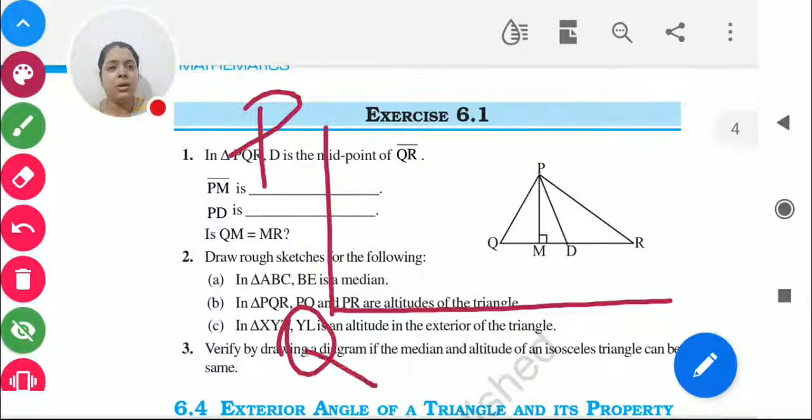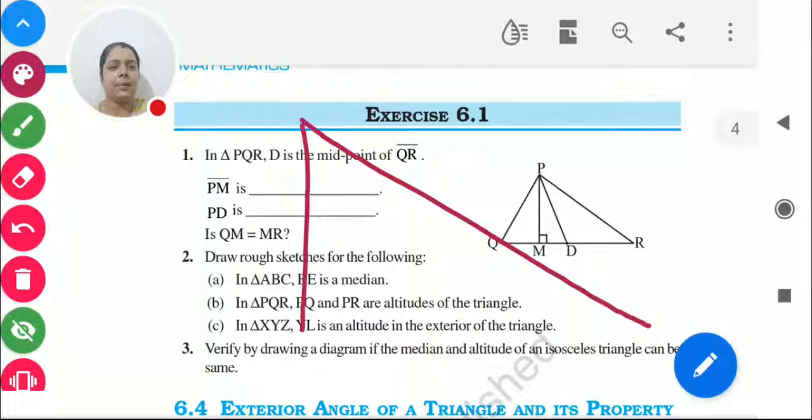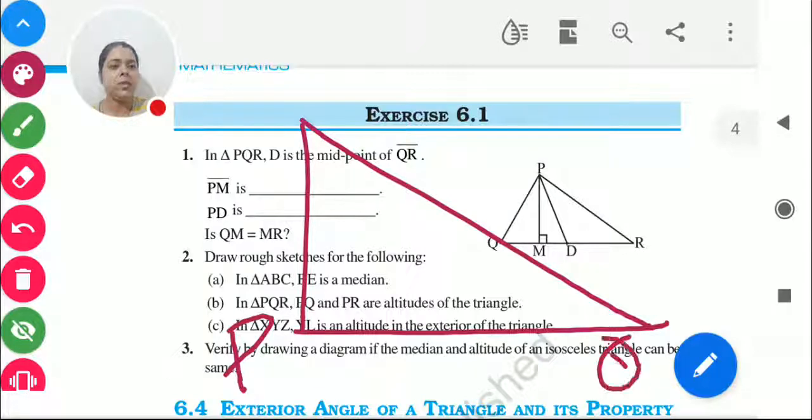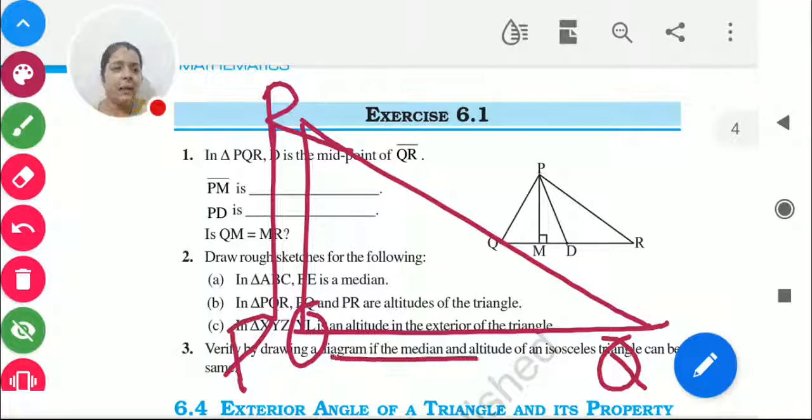I have made the names wrong again. This is P, Q and R. In both PQ and PR, P is common, so P will be here, common for both. So PR and PQ are altitudes of the triangle.